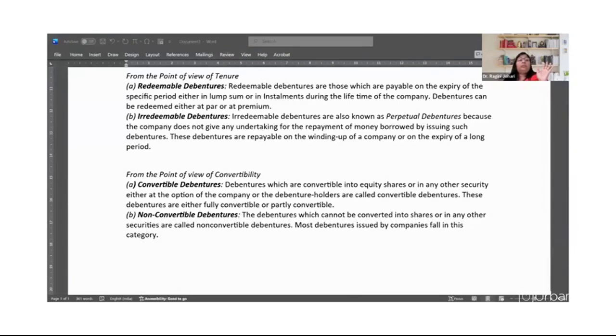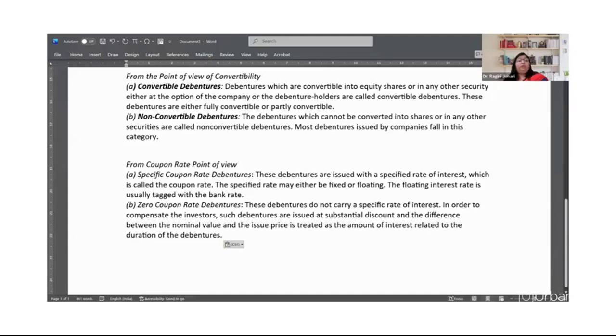Then the next type is from the point of view of the coupon rate. Again, we have specific coupon rate debentures and zero coupon rate debentures. Coupon rate is basically the interest rate. Students, if you have studied debentures in your classes, you would have seen that whenever we write debentures, we always write a particular percentage, say 12% debenture capital account or 10% debenture application account.